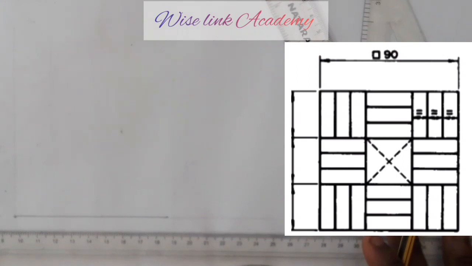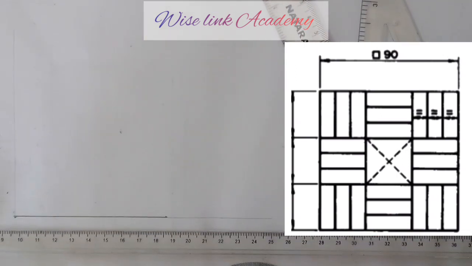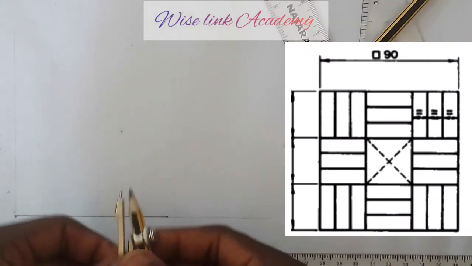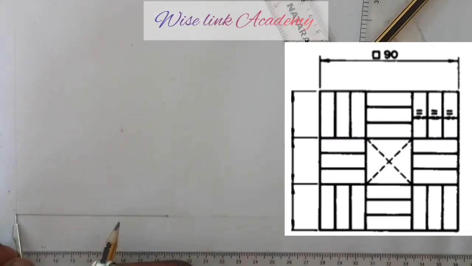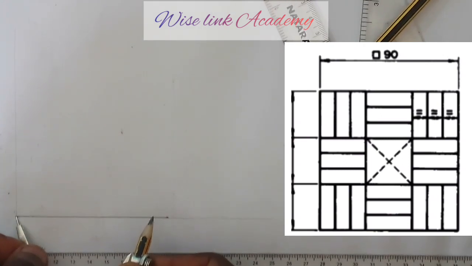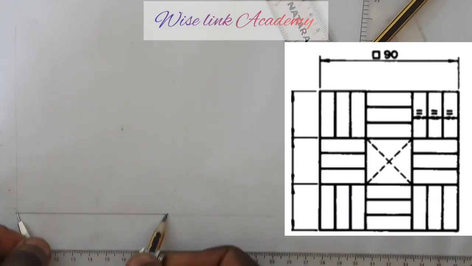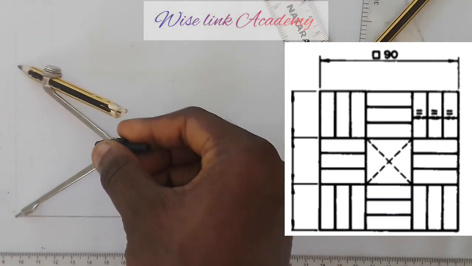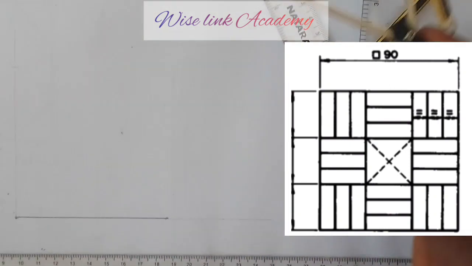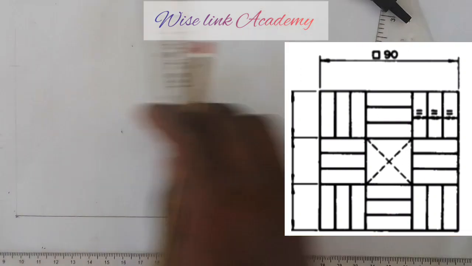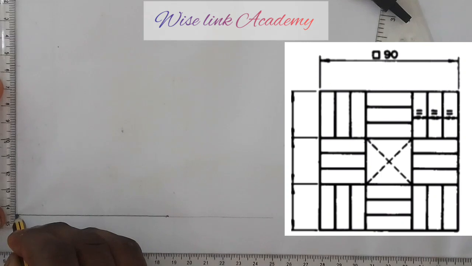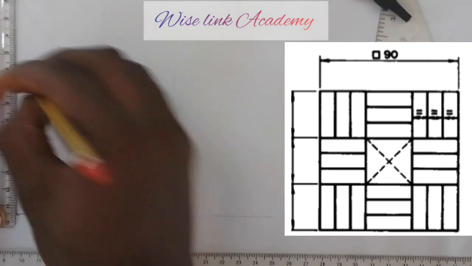The next thing to do now is to take your compass, measure the distance from this point to this point. Please make sure it is correct. I have this, right? So take it at this point, strike an arc up here, right? So I can just take it automatically with my set square. I have this, right?